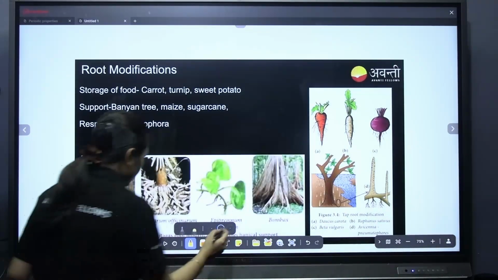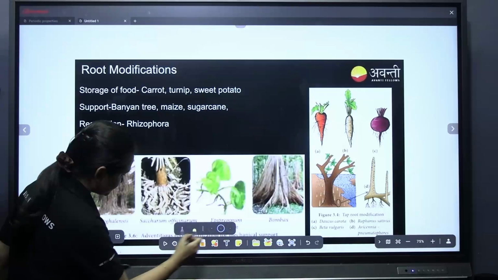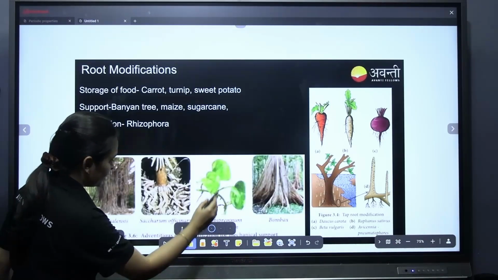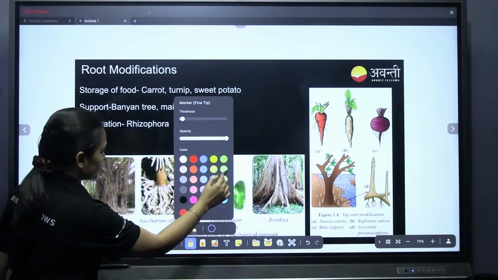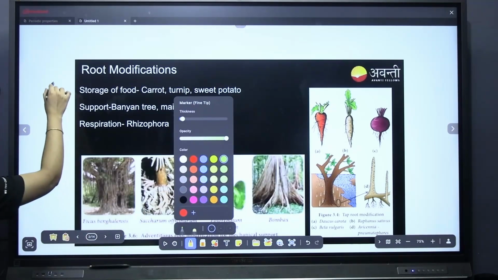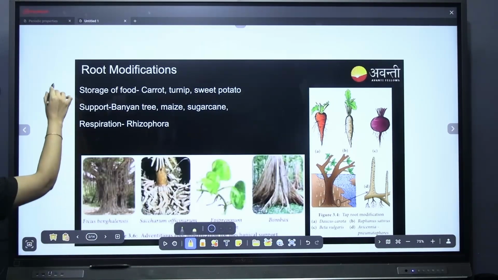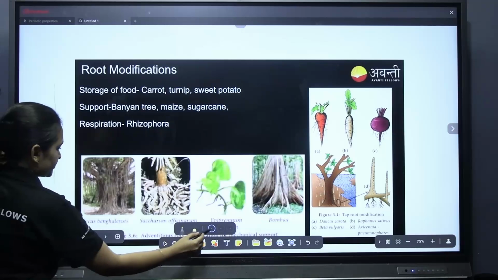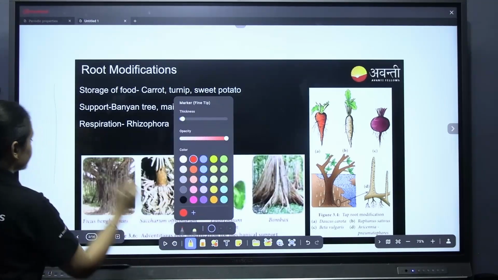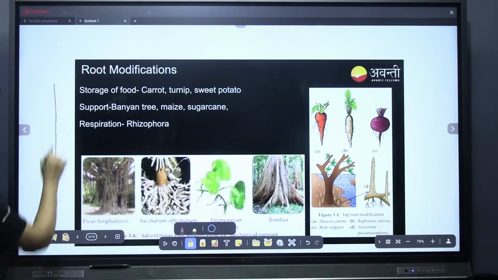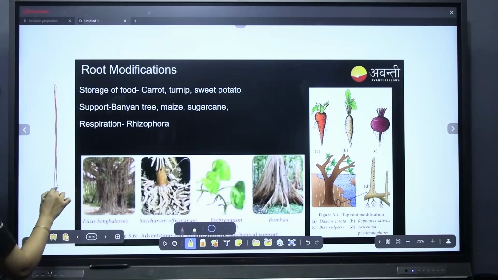If I draw a plant, for example, if I draw a plant here, this is ground, right?